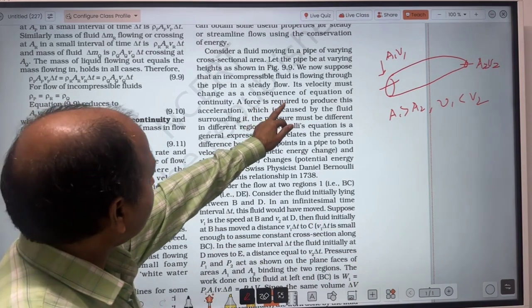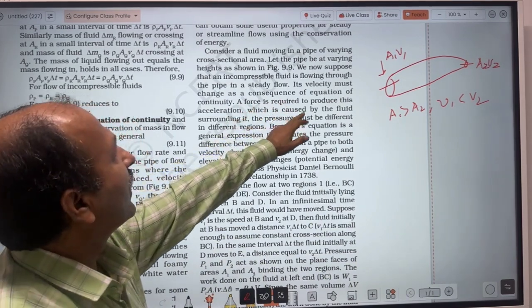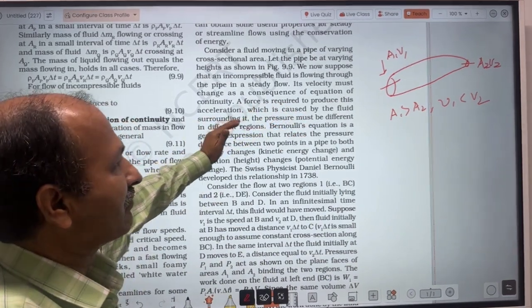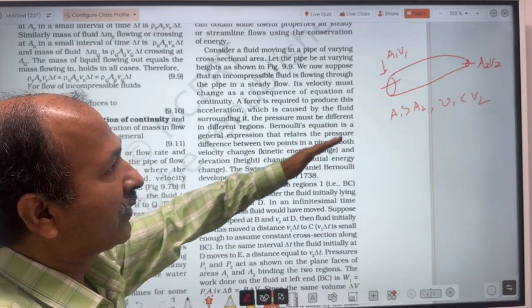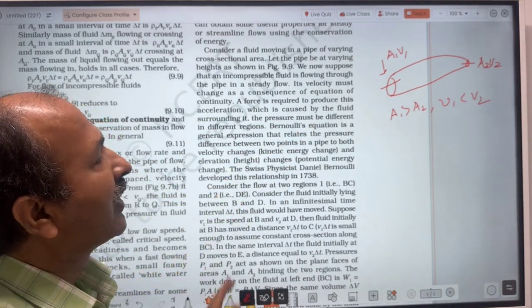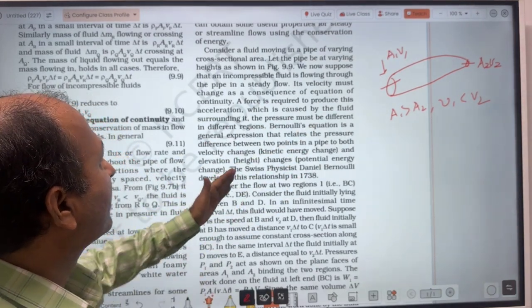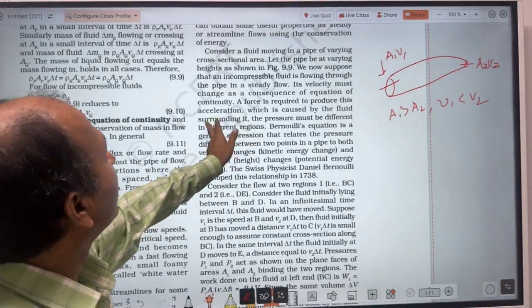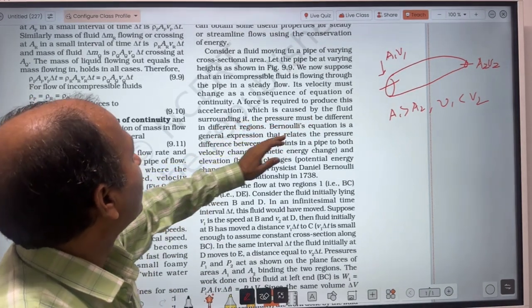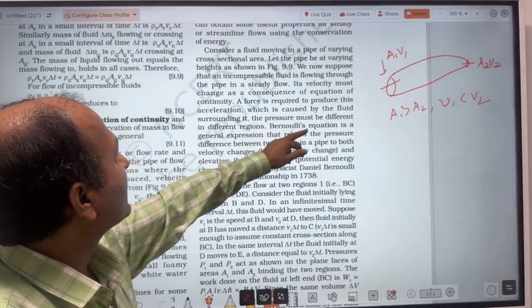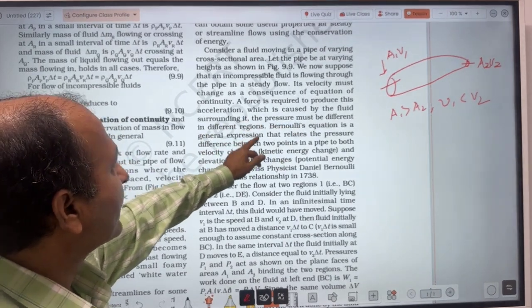Now a force is required to produce this acceleration. Since liquid is flowing, there must be a force, and that force will be created by the pressure difference, which is caused by the fluid surrounding it. The pressure must be different in two different regions.